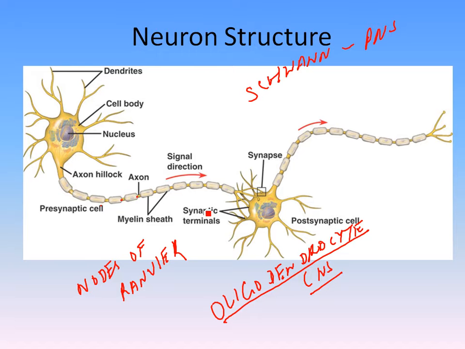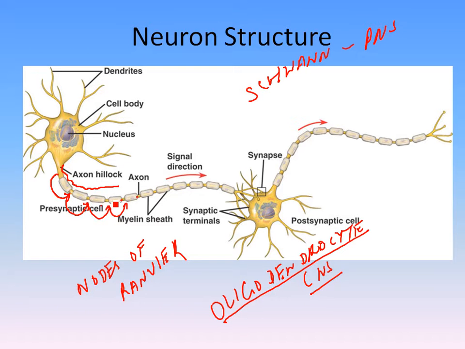Because along the unmyelinated axon, the one that does not have myelin, the message moves through a continuous wave all along the axon. However, when there is myelin, the message or the impulse is going to jump from one node of Ranvier to another.